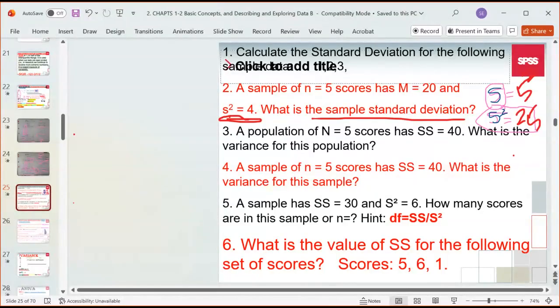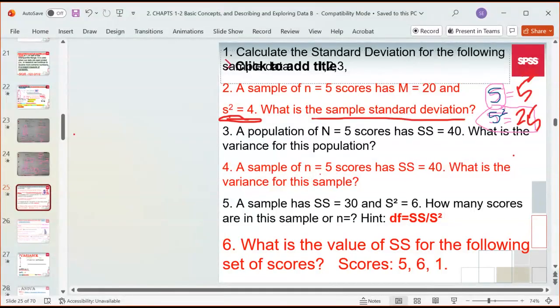And that one is the same, because one of them says sample and one of them says population. Keep in mind, like number 4, it says sample, N is 5. Number 3 says population. So the difference is when it's a sample, SS is divided by N minus 1, which is DF.